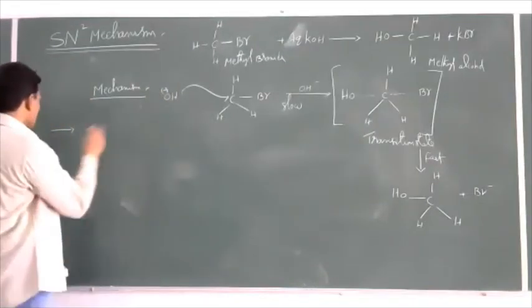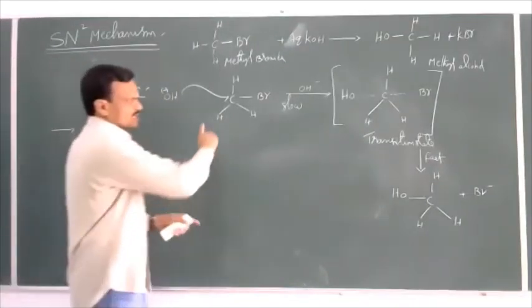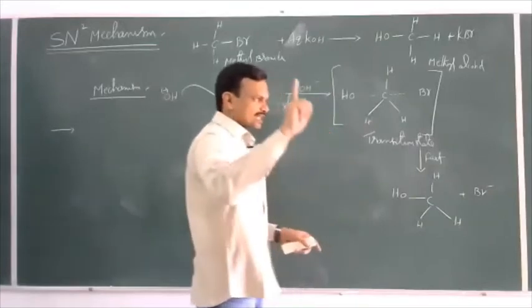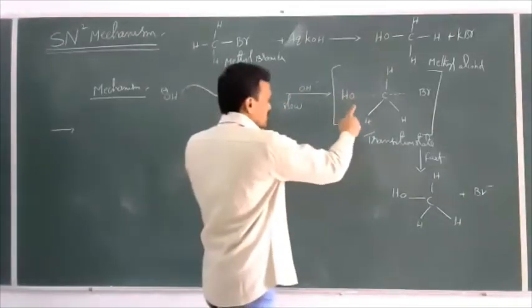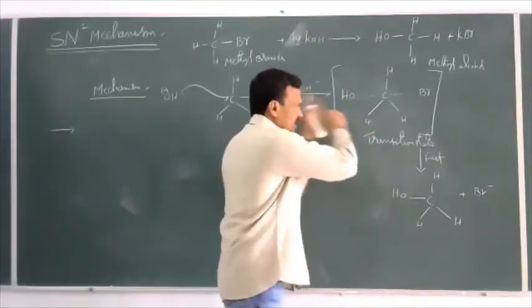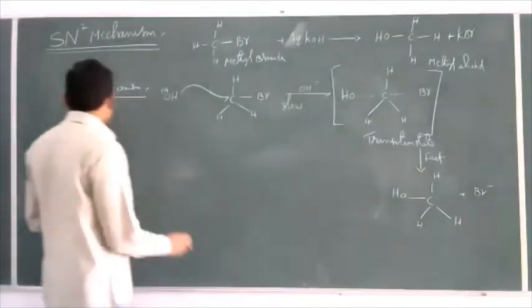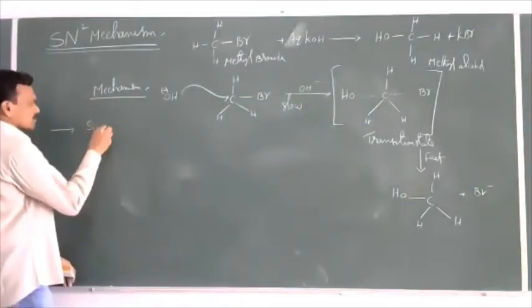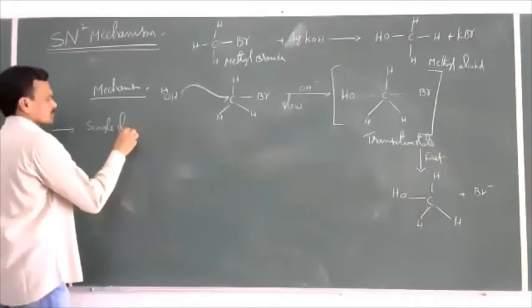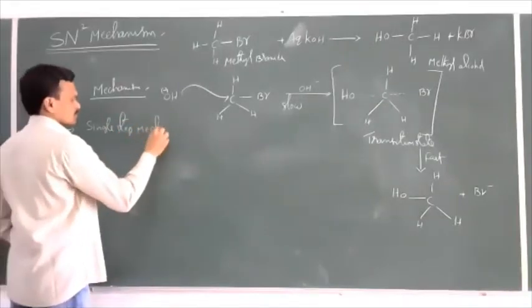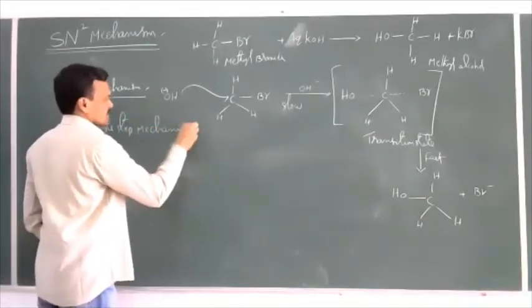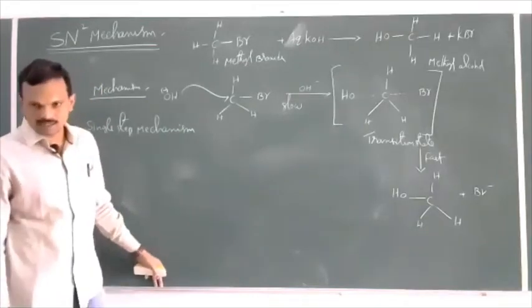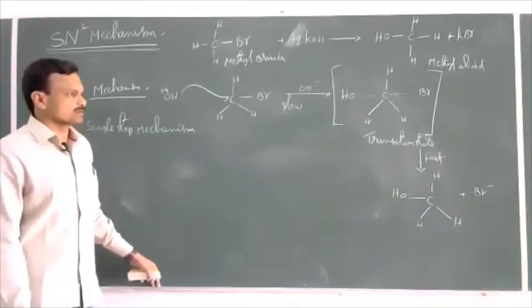Now, the reaction takes place in how many steps? This is a single step mechanism. Don't think that this is one step and this is another step; the total is a single step. The reaction takes place in a single step.